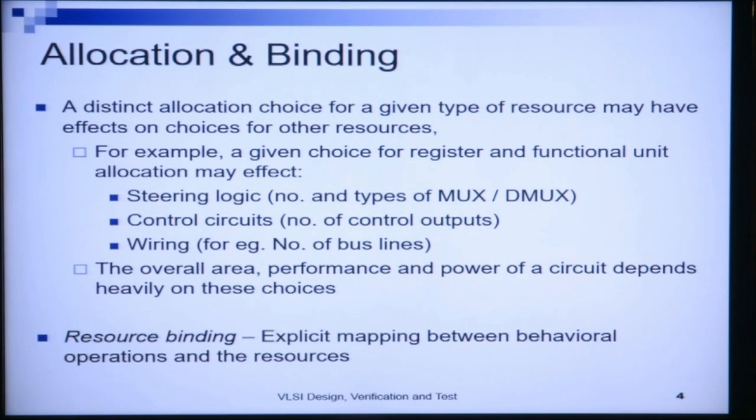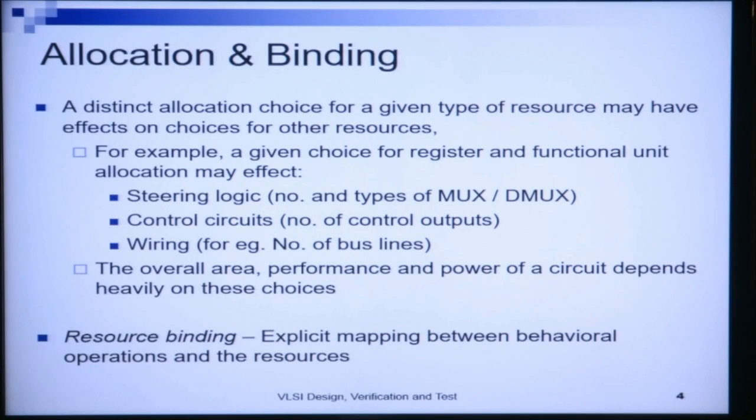For example, the number of control outputs that you will produce will depend on the types and numbers of muxes and demuxes. Let us say the select inputs of the muxes and demuxes are controlled by these controllers. So, when the numbers and types of muxes and demuxes change, the number of outputs that the control unit will have to produce at each time step will also vary.